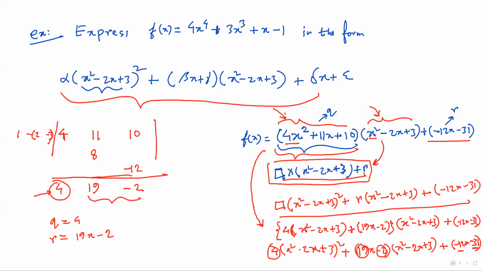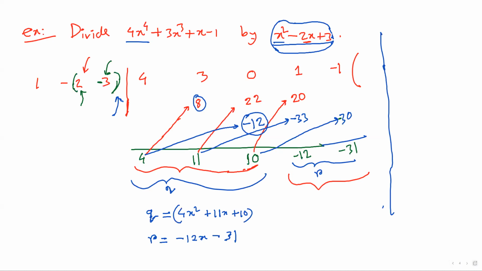Copy this table entirely from here. So 1, minus 2, 3, divisor part.